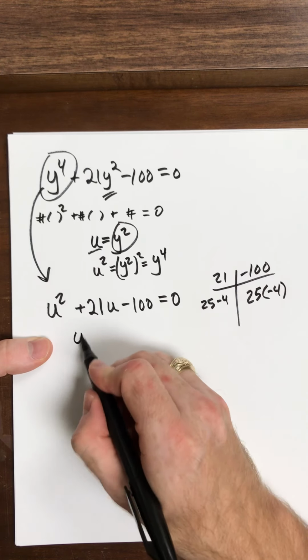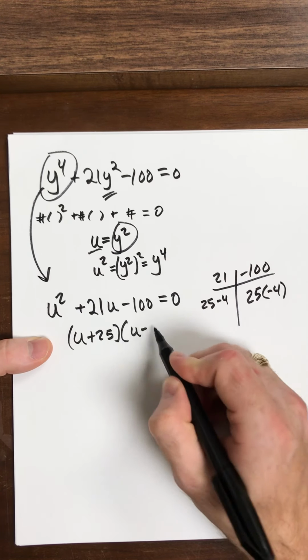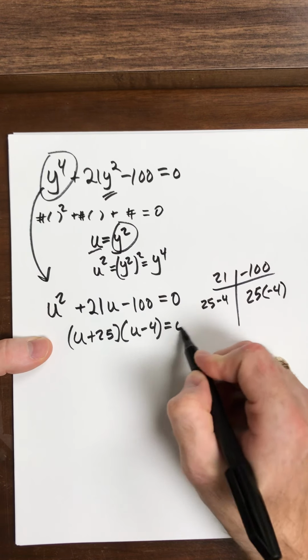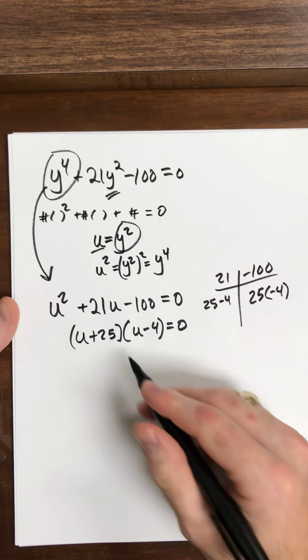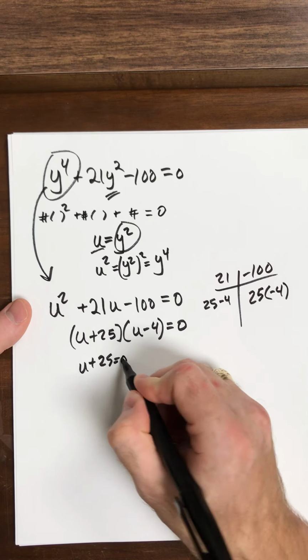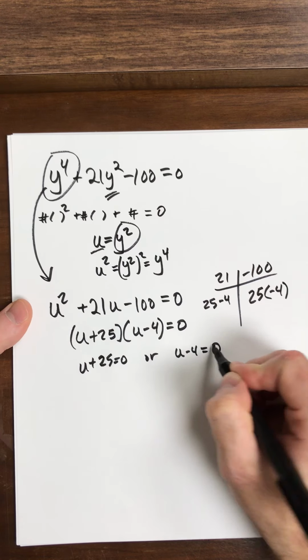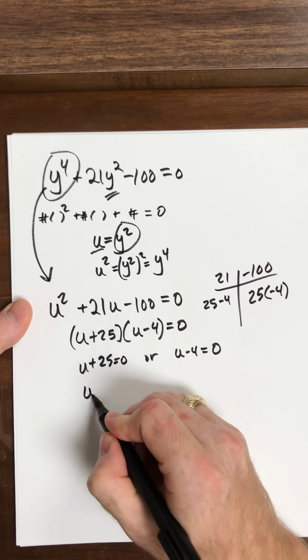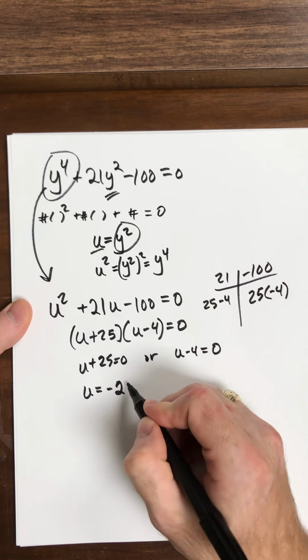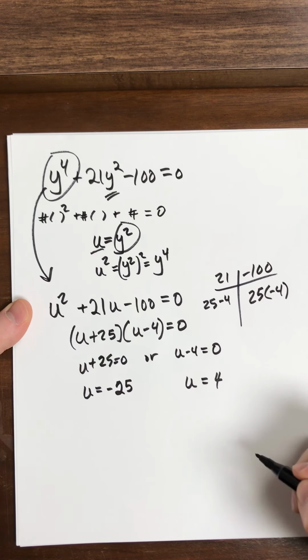So we've got u plus 25 times u minus 4 equals 0. I set each piece equal to 0, so u plus 25 equals 0, or u minus 4 equals 0. So u equals negative 25, and then u equals 4.